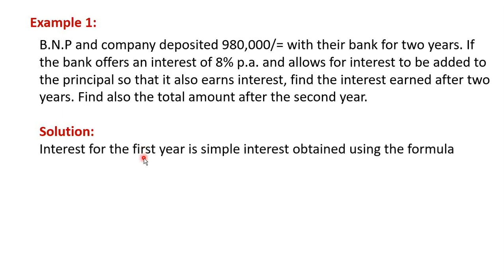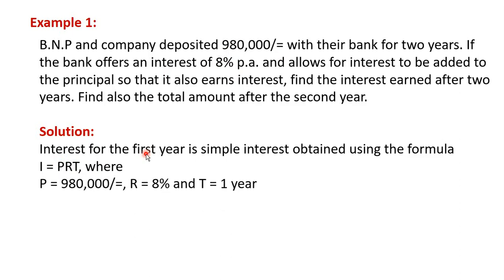That means that here the rate is out of 100, which is going to be 8 divided by 100. If I put it out of 100, then I just put 8 for the R. So this should not confuse you. It is the same formula that we used last time, just that here I'm considering the rate to be out of 100, so that I put R as 8 over 100.